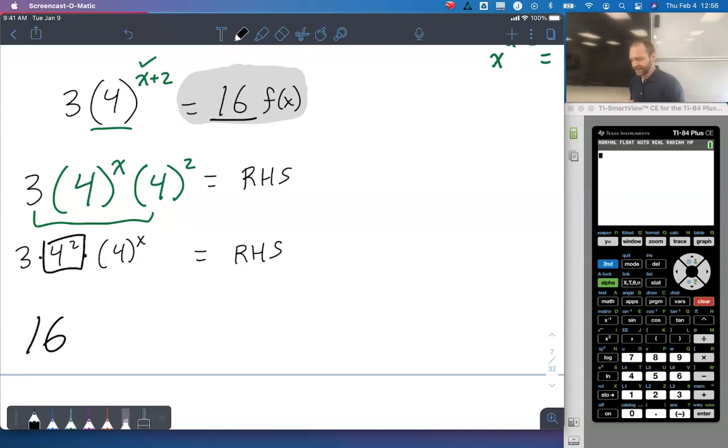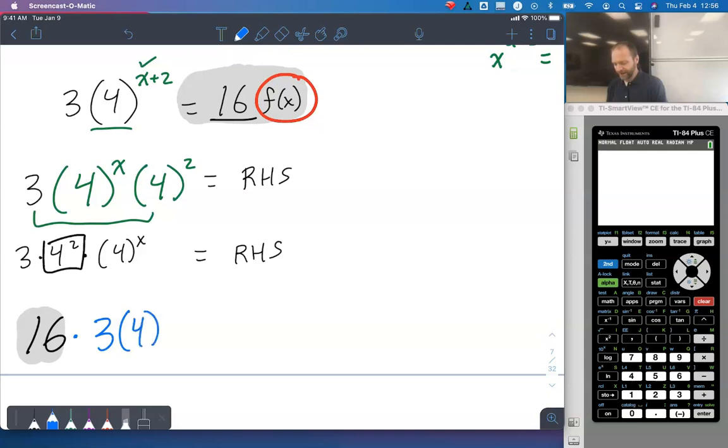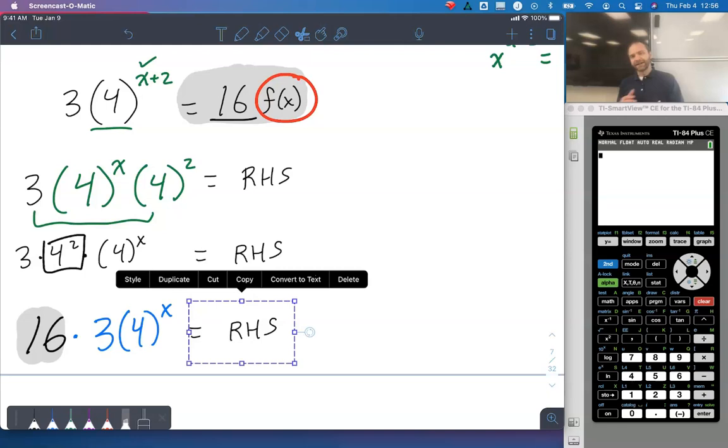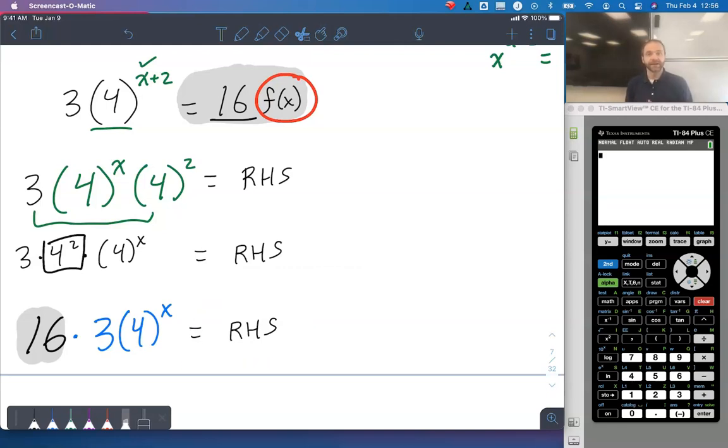Now I have it, and it is locked in on that left side. I wanted a 16. I have the 16. Done. What do I need next? I need the f of x. That's what I need. So what am I left with? I'm left with the times 3, and I still have that 4 to the x power. So that's what I'm left with. So I need to find how can I get that f of x from that 3 times 4 to the x power.